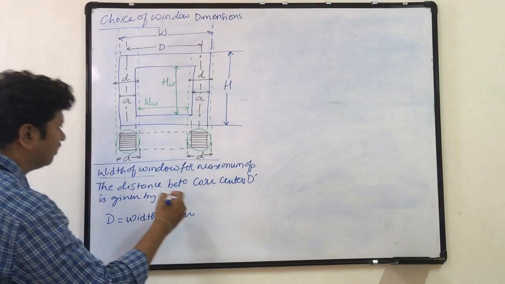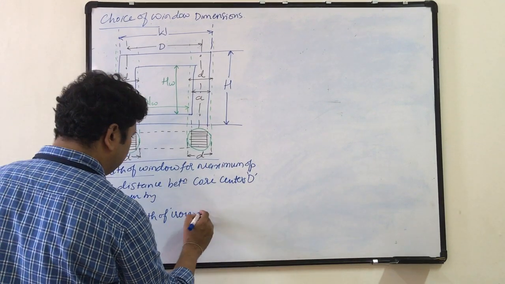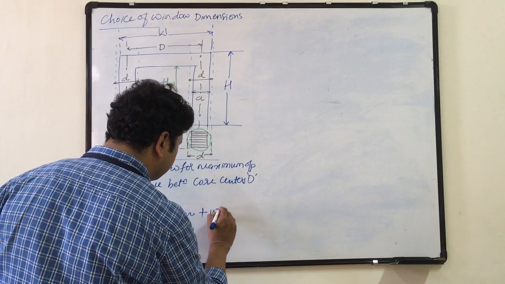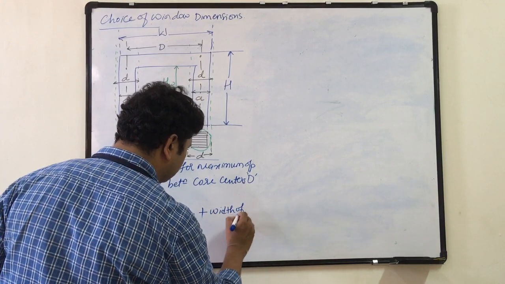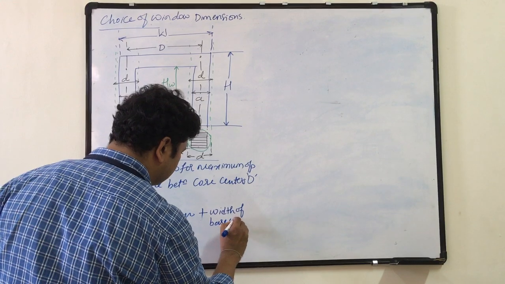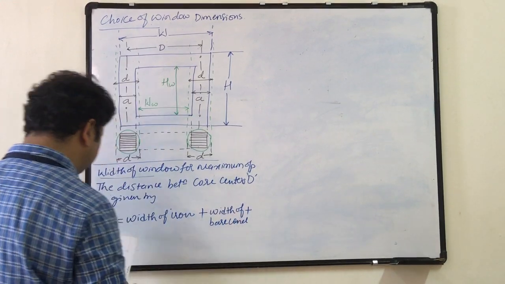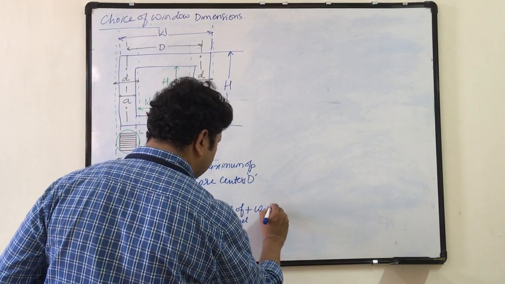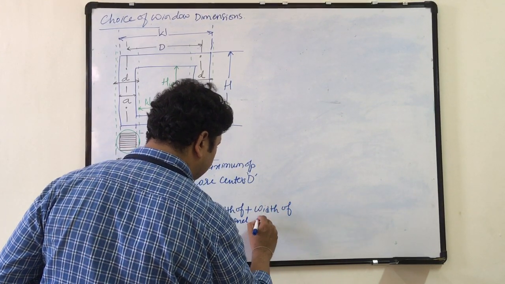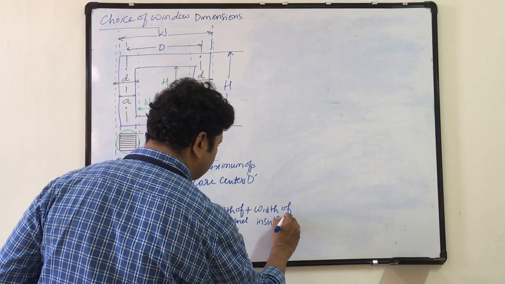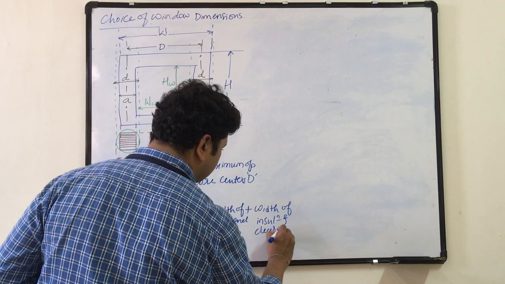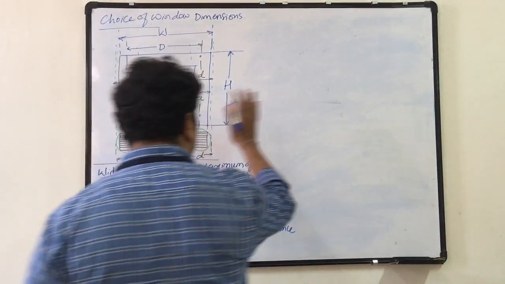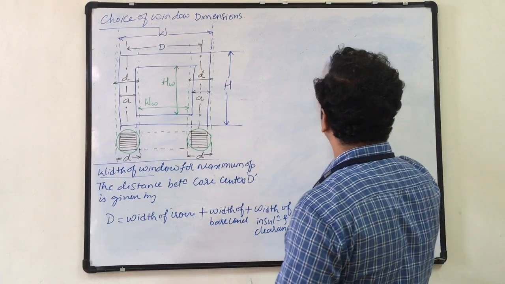I will tell how each term is taken. Plus width of bare conductor, plus width of insulation and clearance. I will redraw the same diagram once again, only taking the D.